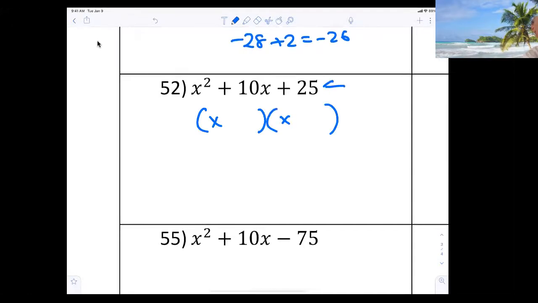What times what, Max, is 25? What are the factors of 25? Say it again, I cannot hear you. 5 and what? So, is that the answer? Why?